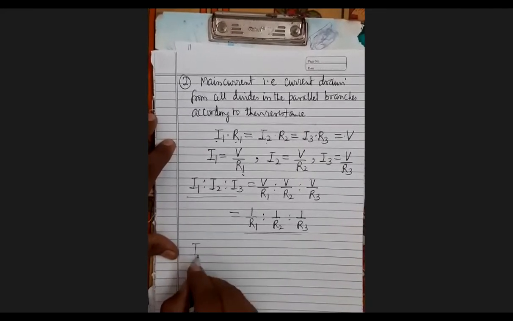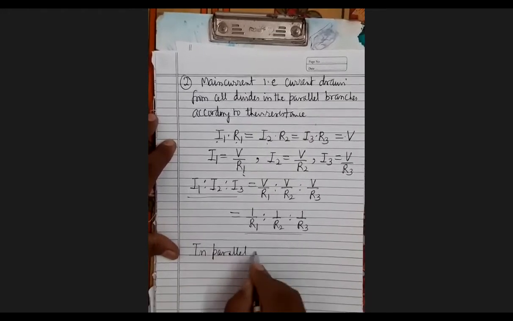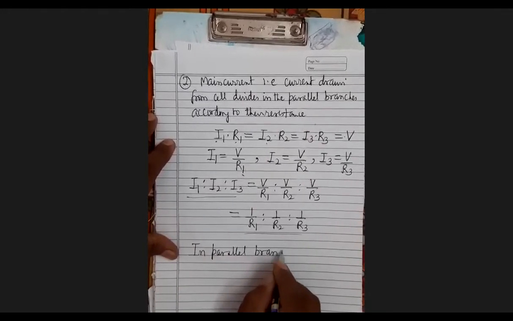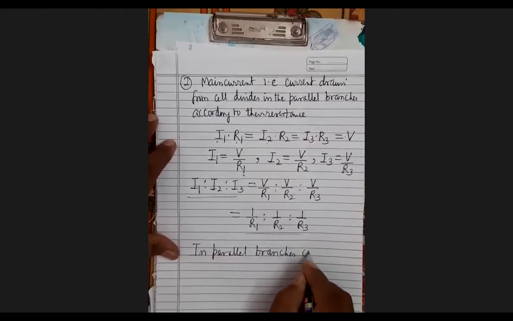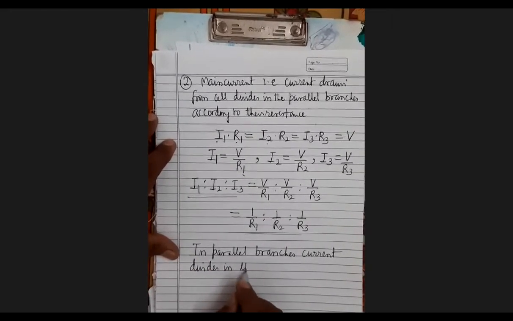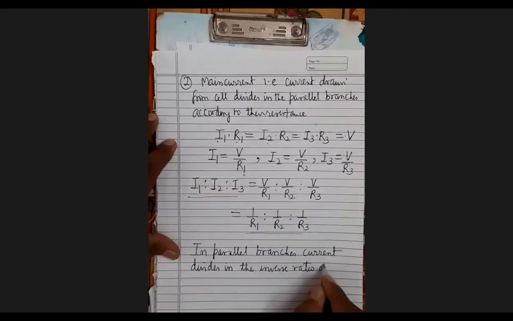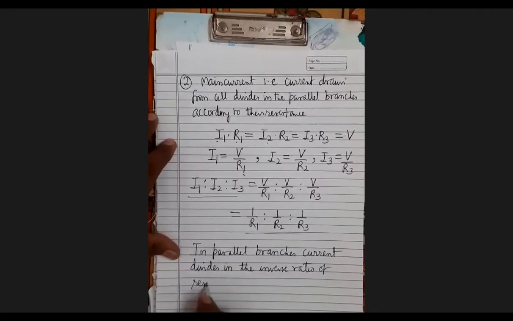In parallel branches, current divides in the inverse ratio of resistance.